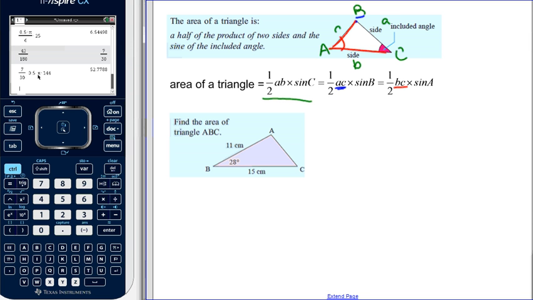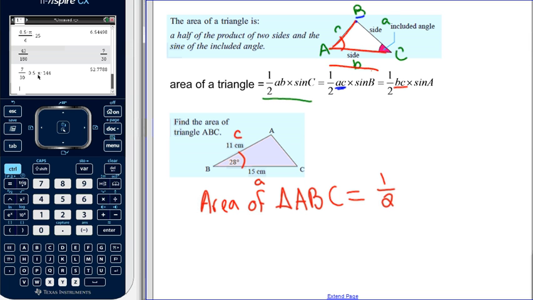Okay, so finding the area of a triangle, here we're going to have 1/2 times, notice our two sides sandwich the angle. This is the included angle. We're using side C and side A, so we're actually using this formula.